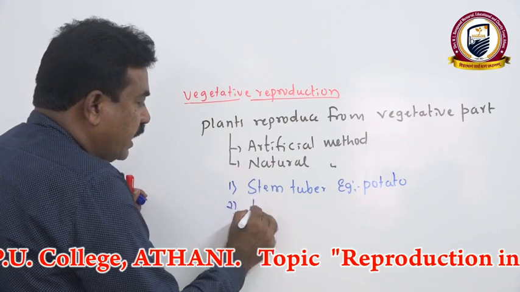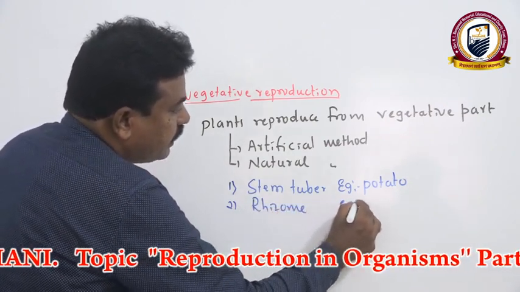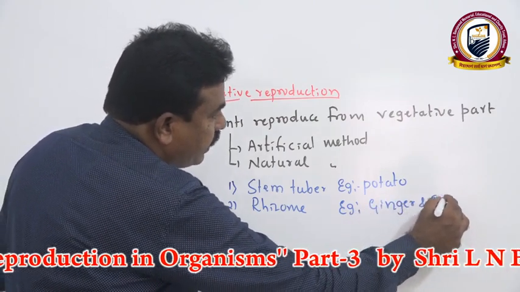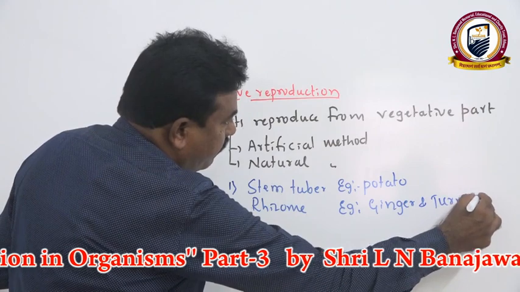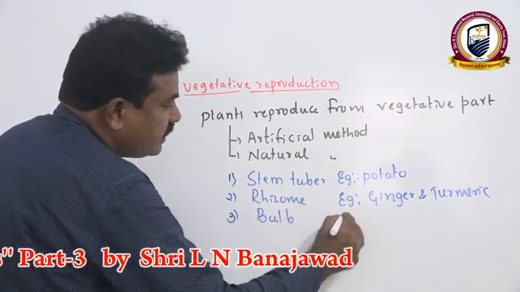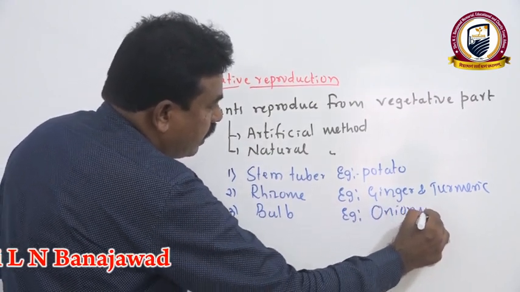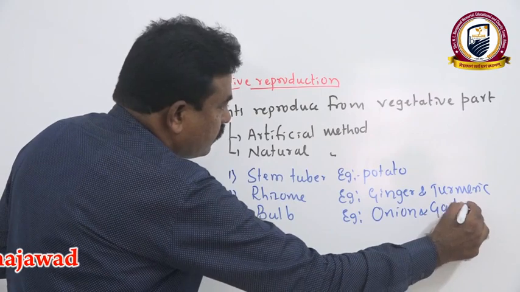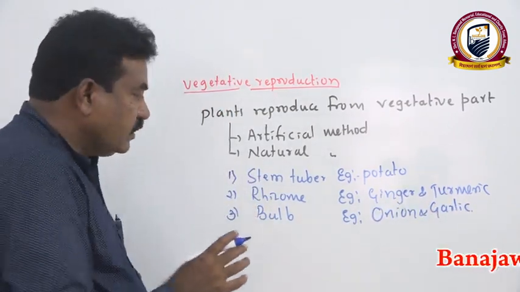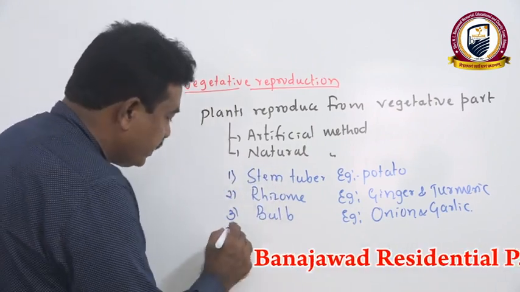Then rhizome we see in ginger and turmeric. And bulb we see in onion and garlic. These are the three important vegetative propagation types, which mainly occur by modification of the underground stem.